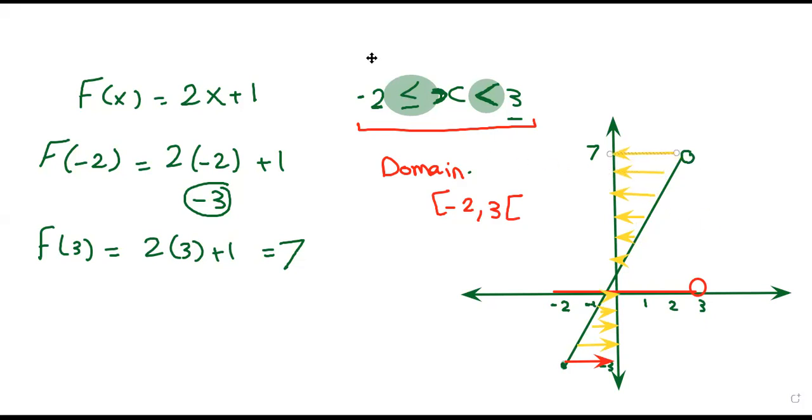So what is the range? The range means simply all values of y we can get from substituting the values of x. So we have values from -3 down till 7 up, but we are not going to take 7 because we couldn't find the value of 3. 3 is undefined. So the range starts from -3 closed, but 7 is open. Why is 7 open? Because we couldn't find the value of 3.